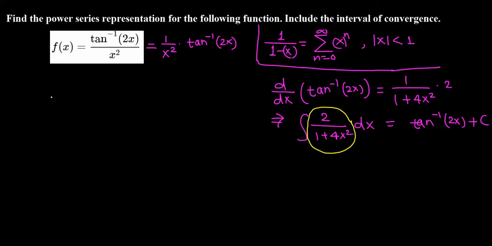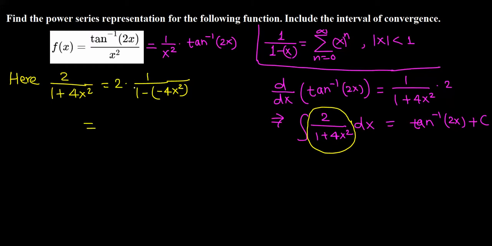So here we start with 2 over 1 plus 4x squared, and we want to rewrite this in the form of 1 over 1 minus something. So 2, we can factor that out. So 1 over 1 plus 4x squared is 1 over 1 minus negative 4x squared, just to match 1 over 1 minus something.